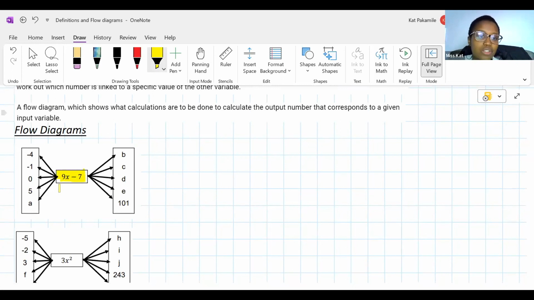On the left here, we have our input values that we've been talking about, and on the right, we have our output values. Okay, so we will be inputting -4 to our formula, and then we'll see what the output will be.